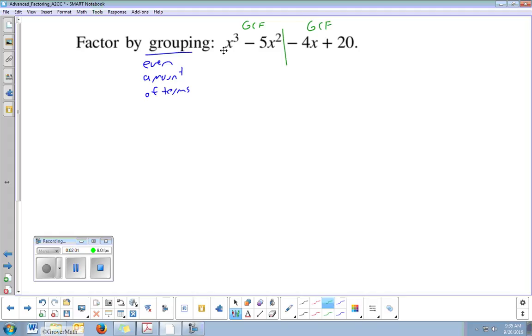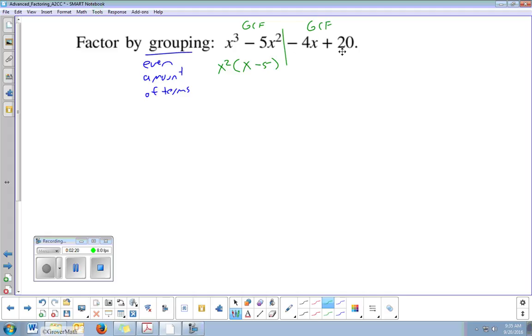See, there was no greatest common factor with all 4 terms together, but there is a common factor between the first 2 and the last 2, and that's really what grouping does. So the greatest common factor between the first 2 is x squared, and my quotient is x minus 5. They both have x, the highest exponent I can take out is 2, left with x minus 5.